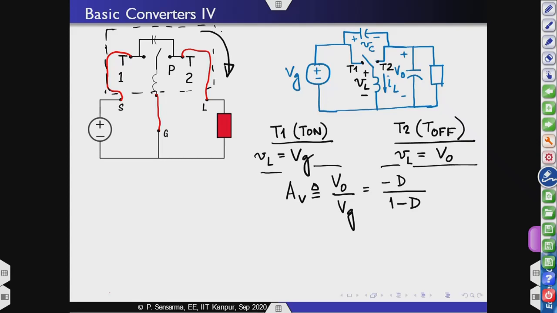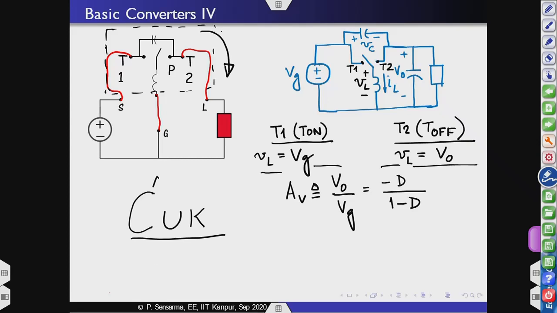So, apart from the boost, the buck boost and the buck, the three basic converters, this is the fourth basic converter, which is known as the Cuk converter, pronounced as chook.